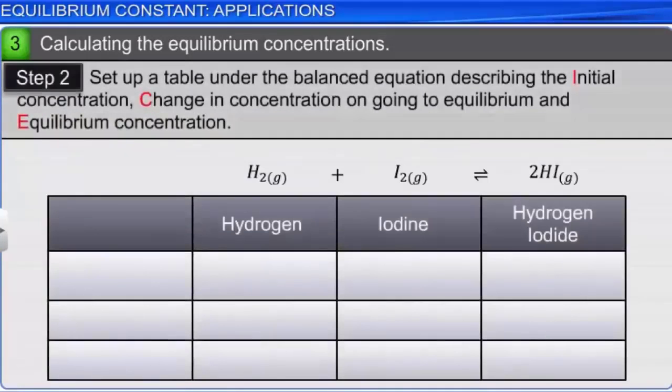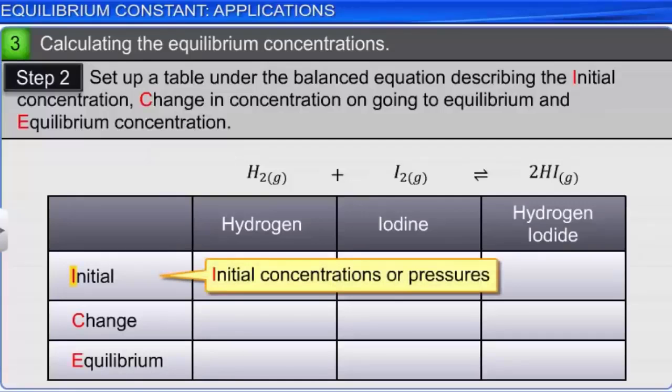The second step is to set up a table describing the initial concentration, change in concentration on going to equilibrium, and equilibrium concentration. The second step can be easily remembered in the form of an ICE chart, where I stands for the initial concentrations or pressures for each species in the reaction mixture.